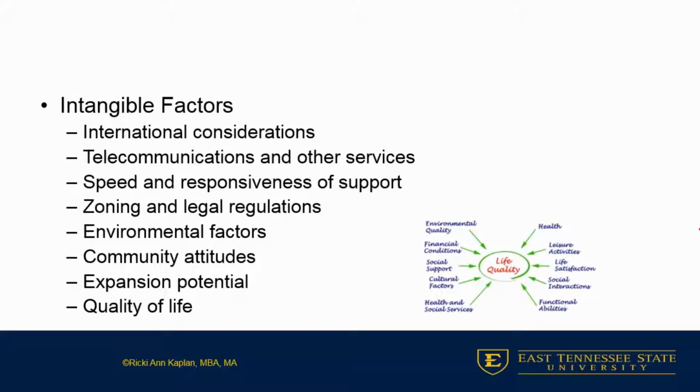Telecommunications. What is the cost of Ethernet? What is the cost of getting phone lines put in? What other services are available there? We're taking a look at how much this is, and if it's already wired for you, that's a huge savings.